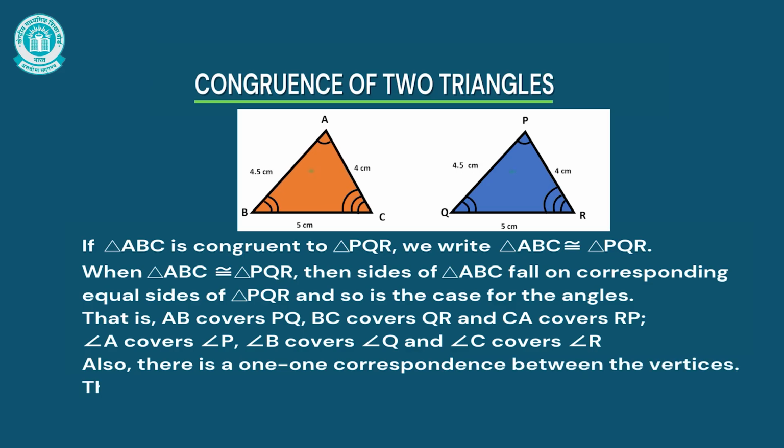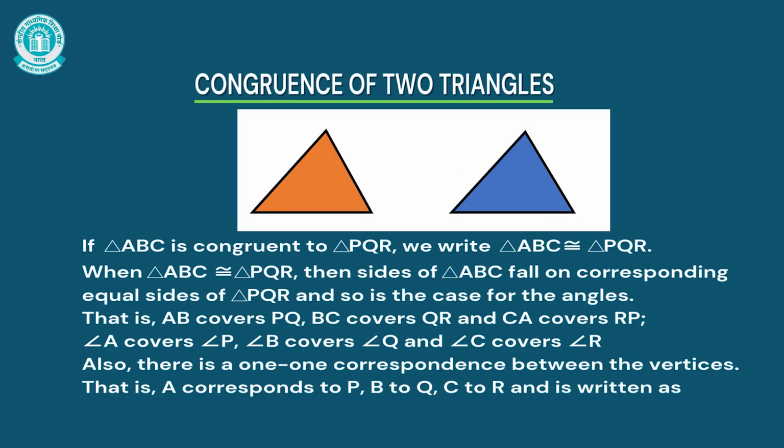That is, A corresponds to P, B corresponds to Q, C corresponds to R, and is written as A ↔ P, B ↔ Q, C ↔ R.